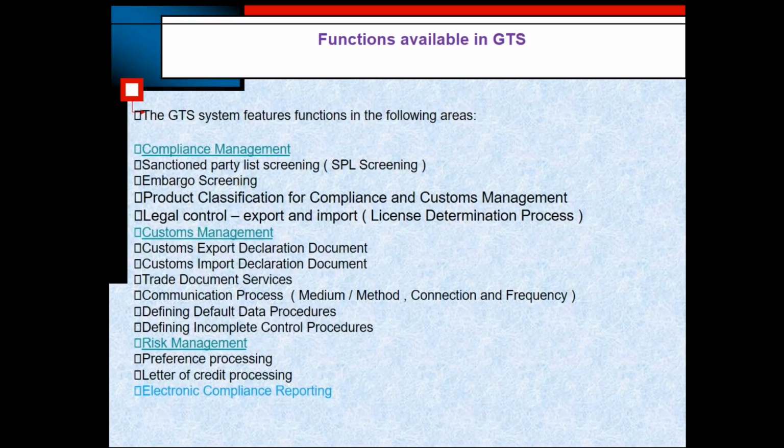Don't you think that the GTS system should block the transaction if the license is not there? In other words, what happens if you send a shipment to the customs authorities without assigning the license? What do you think?